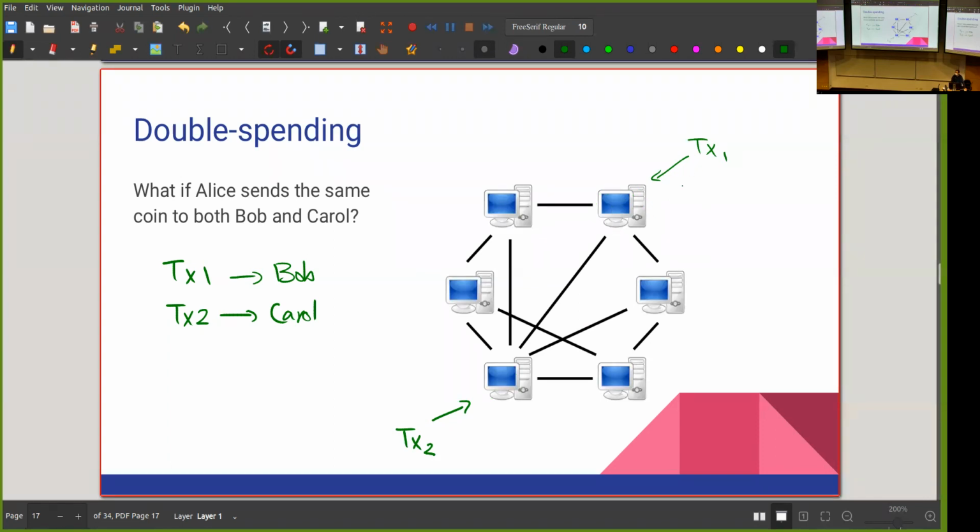It's a valid transaction. And the money was not spent. So this computer would just propagate transaction 1. It would send transaction 1 here, and also to this one. At the same time, this other computer has heard about transaction 2, but maybe hasn't heard about transaction 1 yet. So it tells others about transaction 2.